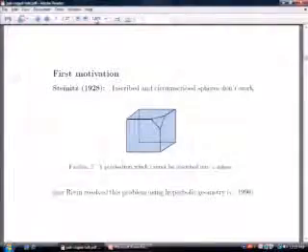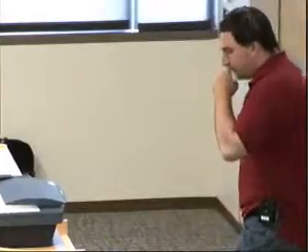So here is sort of a basic motivation. Many years ago, Steinitz observed that if you ask for inscribed or circumscribed polyhedra, that doesn't work.